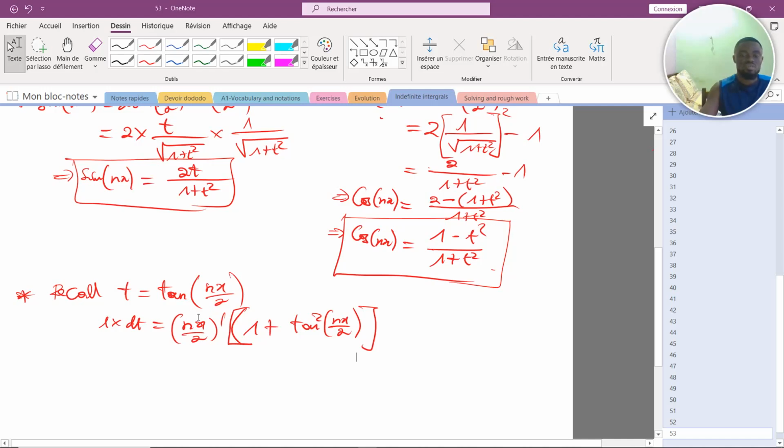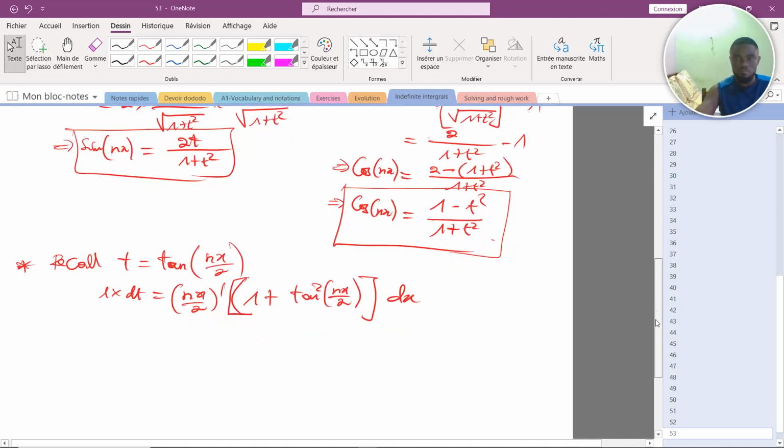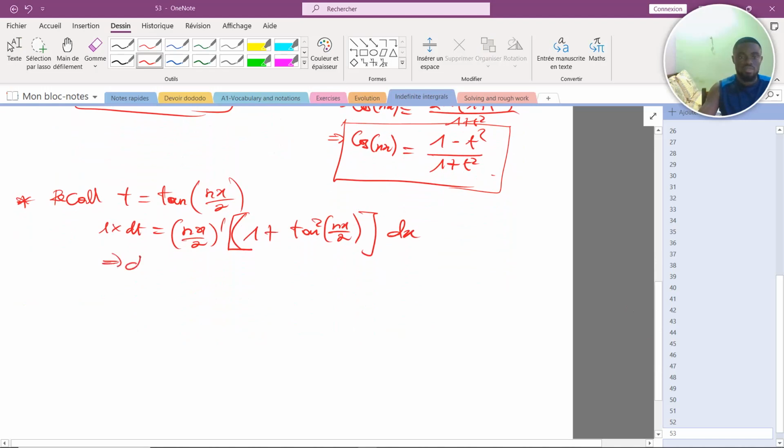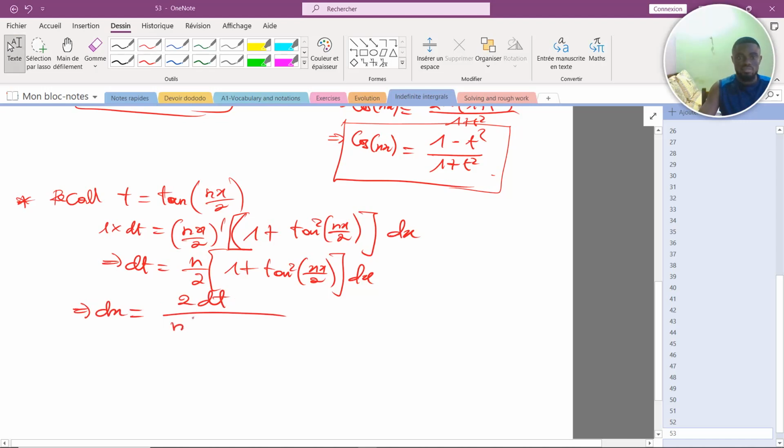Since I was differentiating with respect to x, I'll write here dx. So this implies my dt will be equal to n on 2 into 1 plus tan square nx on 2, times dx. I then make dx the subject. This implies dx will be equal to 2dt on n into 1 plus tan square nx on 2.